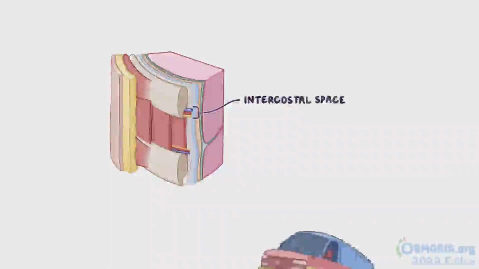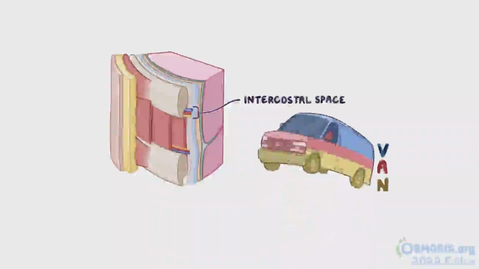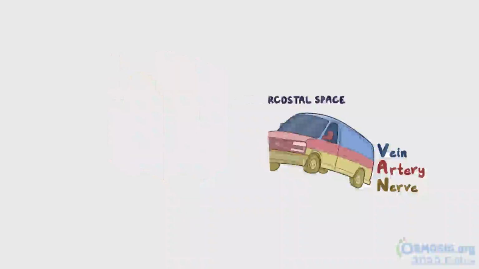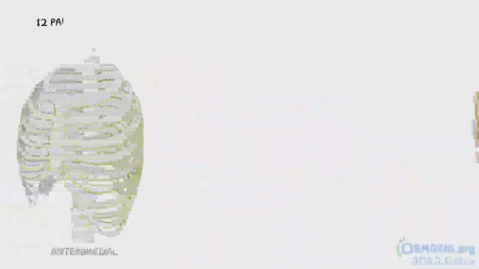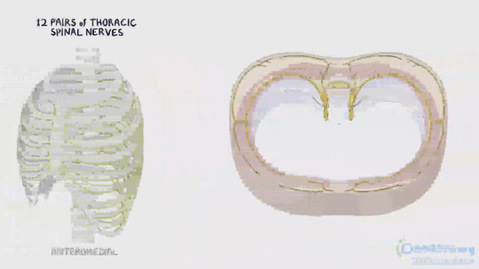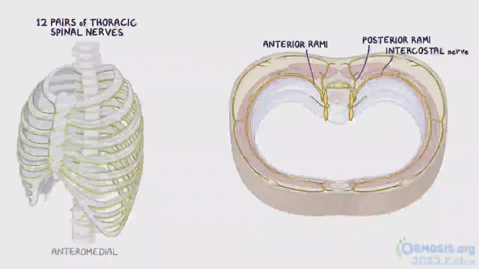Alright, as a quick recap, the contents of the intercostal space can be easily remembered as VAN, meaning the most superior is the intercostal vein, below it comes the artery, and below the artery, the nerve. There are 12 pairs of thoracic spinal nerves that divide into posterior rami as well as anterior rami that continue as the intercostal nerve.